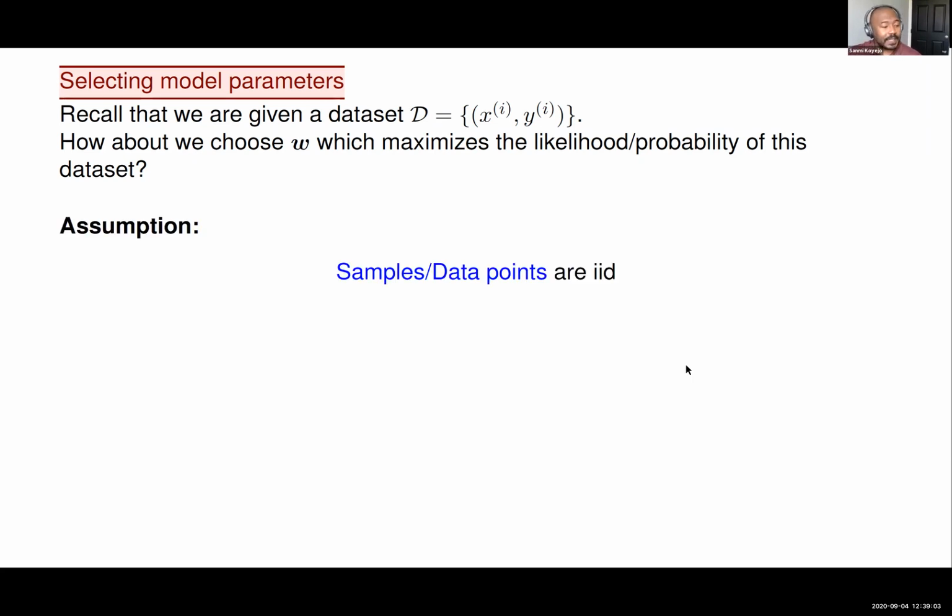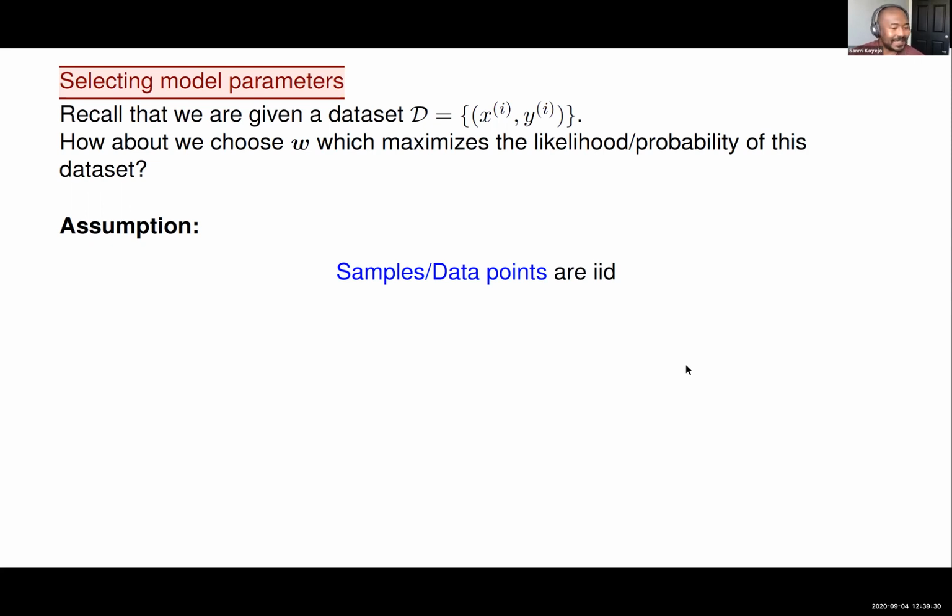So one key assumption that we generally make, and we'll come back to this later when we talk about generalization and statistical analysis, but for now, and in most of the work that we're going to do, we are making an assumption that the data points or samples are IID. Does anyone remember, maybe from your statistics classes, if I give you a set of points, what IID means?